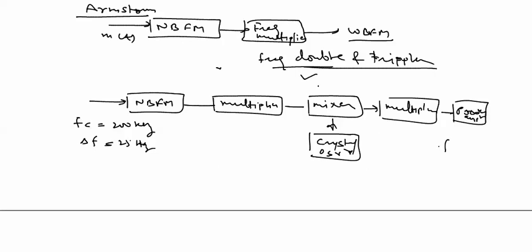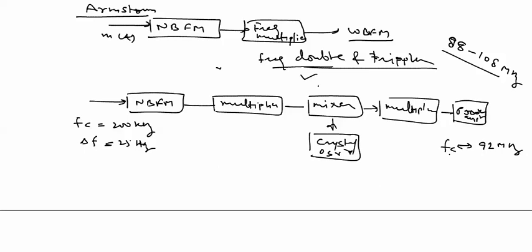At the end, this scheme is used practically, and the practical FM range is 88 to 108 megahertz. To achieve this range, the carrier frequency should be in the range. I took an example of 92 megahertz. To generate a carrier up to 92, we have a 200 kilohertz carrier.